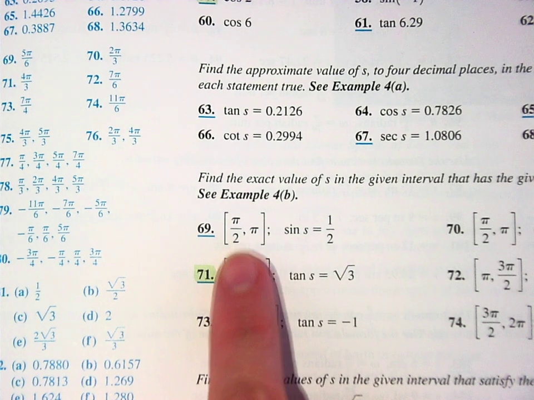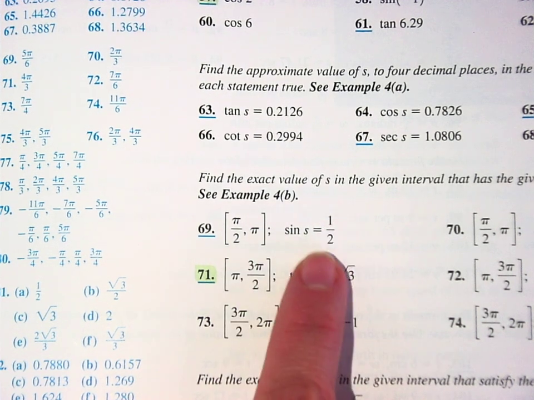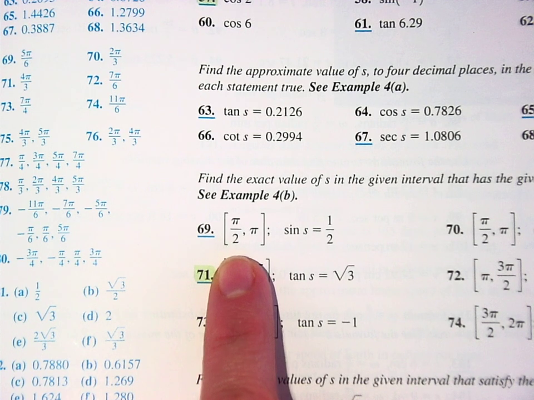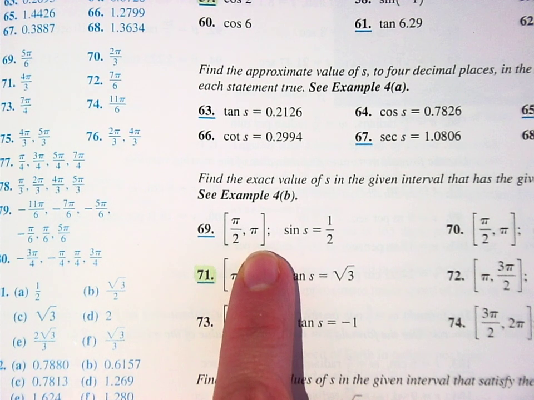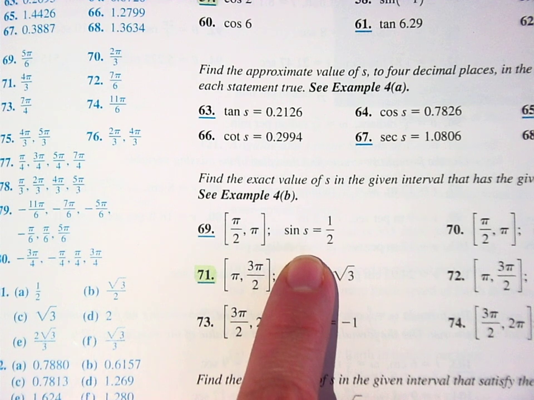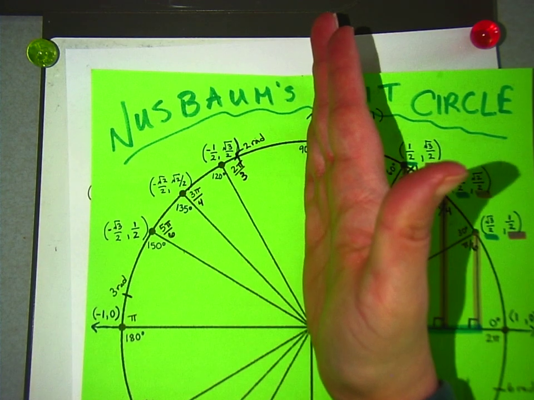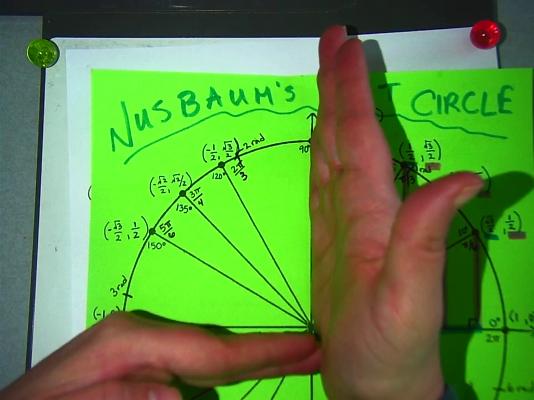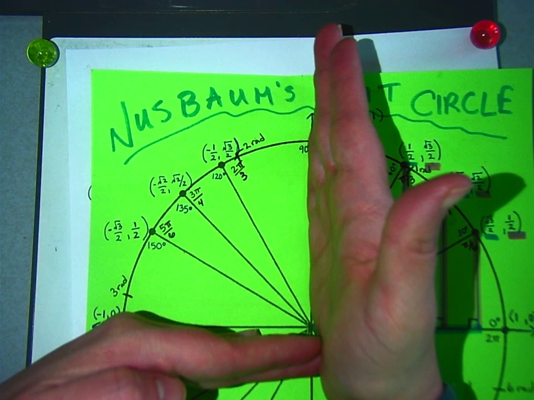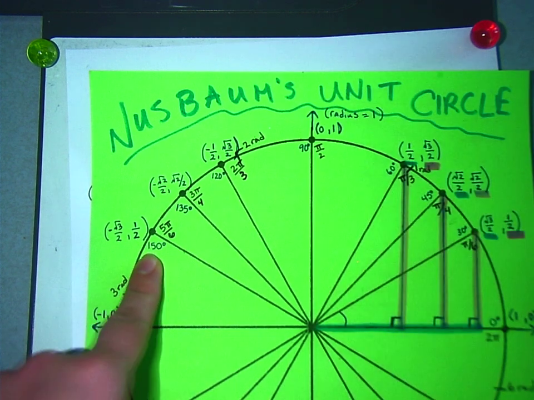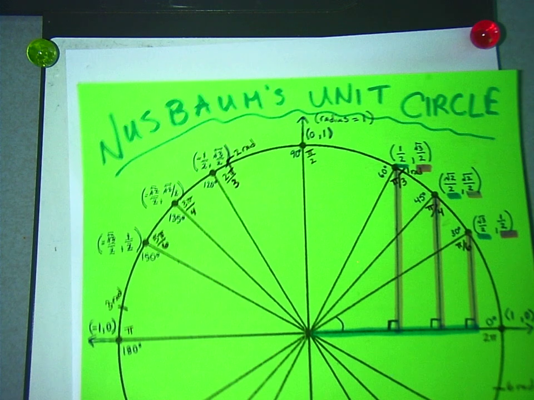Okay, these are brackets, so that means it includes it, and it's saying, where is the sine 1/2 in between pi over 2 and 2, or pi over 2 and pi? So first of all, what sine, x or y? Y. So we're gonna look at our unit circle. Where is pi over 2? 90 degrees. Where's pi? 180. In this range, where is the y 1/2? 150, although I think they're asking for these in radians, so you're going to write 5 pi over 6 for that one.